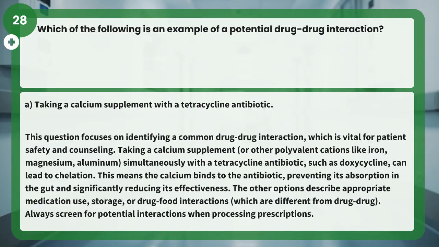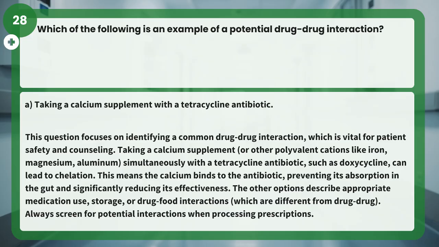Answer A. Taking a calcium supplement with a tetracycline antibiotic. This question focuses on identifying a common drug-drug interaction, which is vital for patient safety and counseling. Taking a calcium supplement or other polyvalent cations like iron, magnesium, or aluminum simultaneously with a tetracycline antibiotic, such as doxycycline, can lead to chelation.